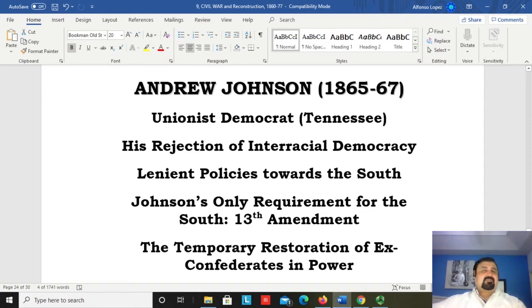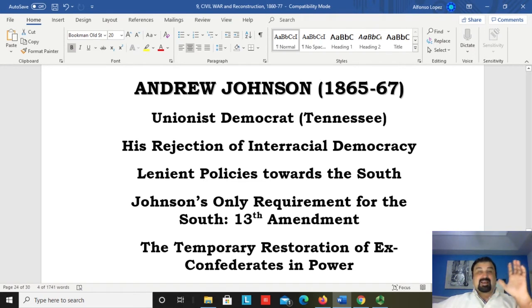First and foremost, he's going to come out and say that he does not agree with radical change, with the vision of the radical Republicans, who were trying to grant civil rights and voting rights to the freed population, to build schools for them, and 40 acres and a mule, and land distribution.